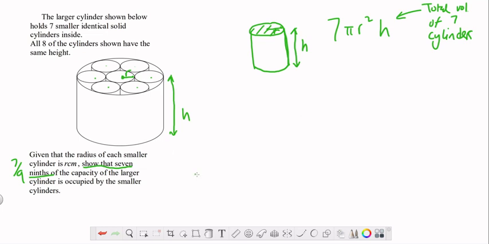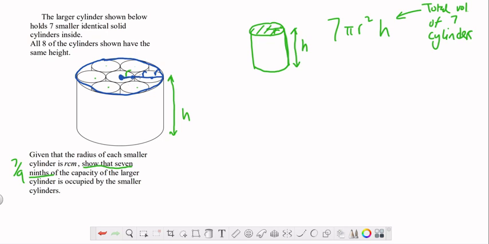Now what I want to do is work out the volume of the larger cylinder. Remember, from here to here, we represent it as r. From here to here, that's another r. From here to here, that's another r. So if you focus on the large cylinder, its center is right there.